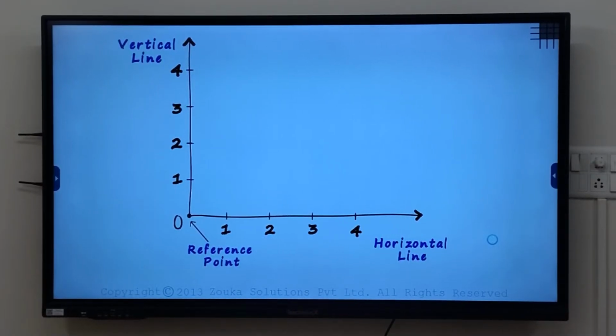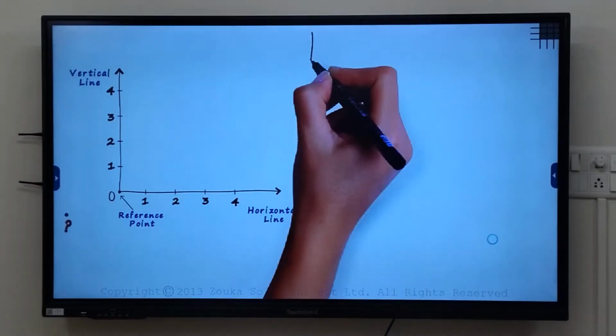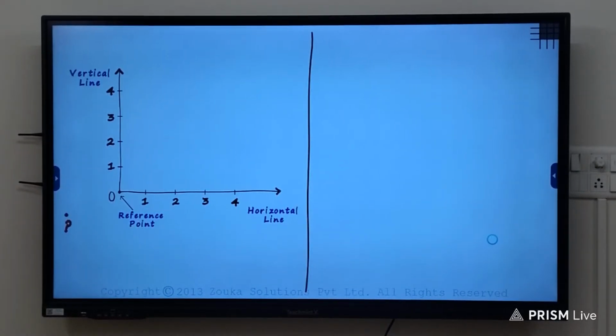But wait, what if the point is here? How would you give it an identity? It's simple. We just extend this line to the left and this line downwards. Let's zoom out a bit and modify this diagram slightly. We draw the horizontal line like this. Notice that it has arrows on both its ends.